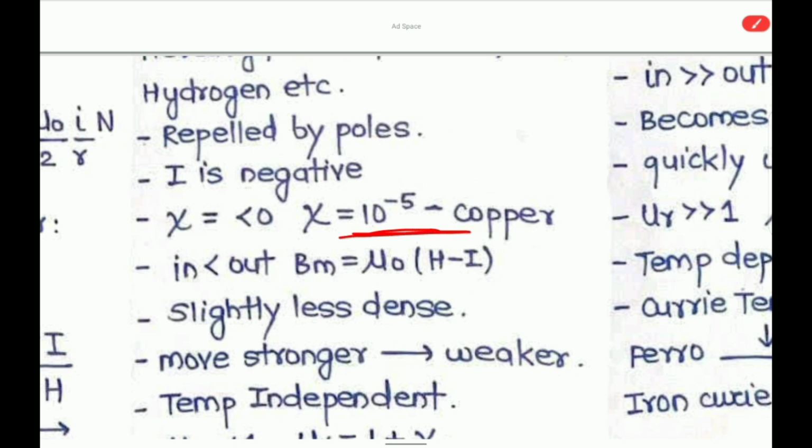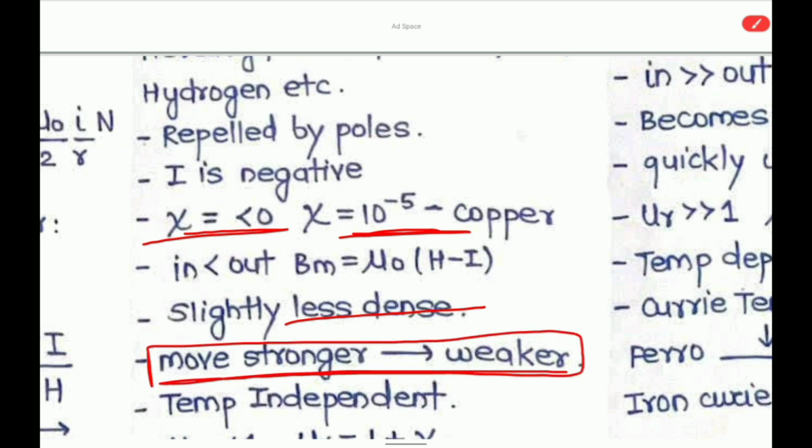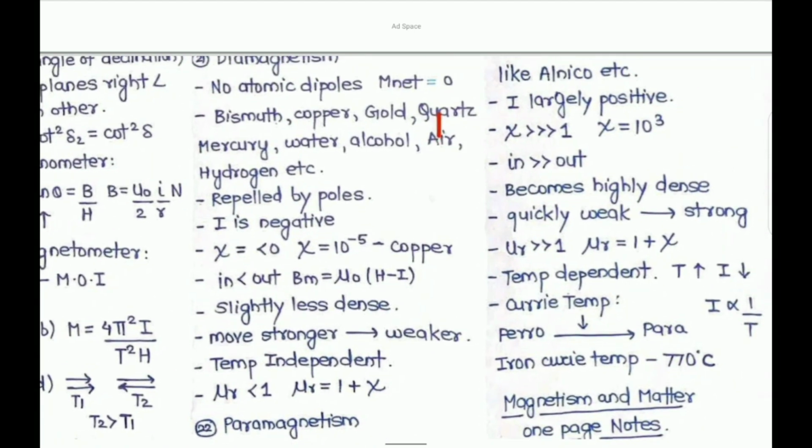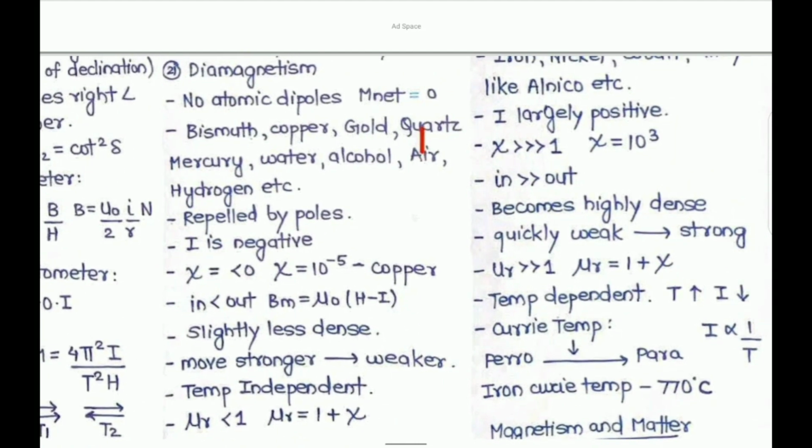Intensity of magnetization is negative. Susceptibility is very small, less than zero.